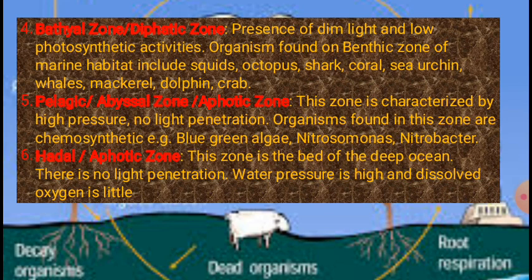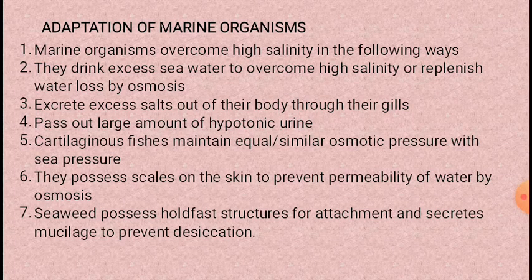Then we also have the hadal or aphotic zone. This zone is the bed of the deep ocean. There is no light penetration. Water pressure is high and dissolved oxygen is little.